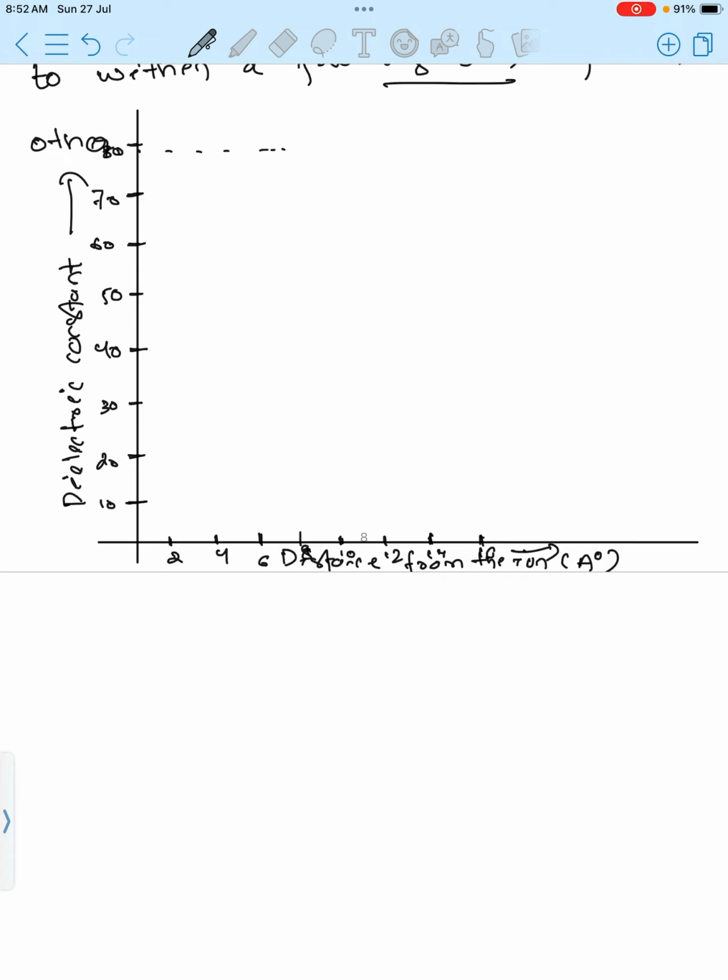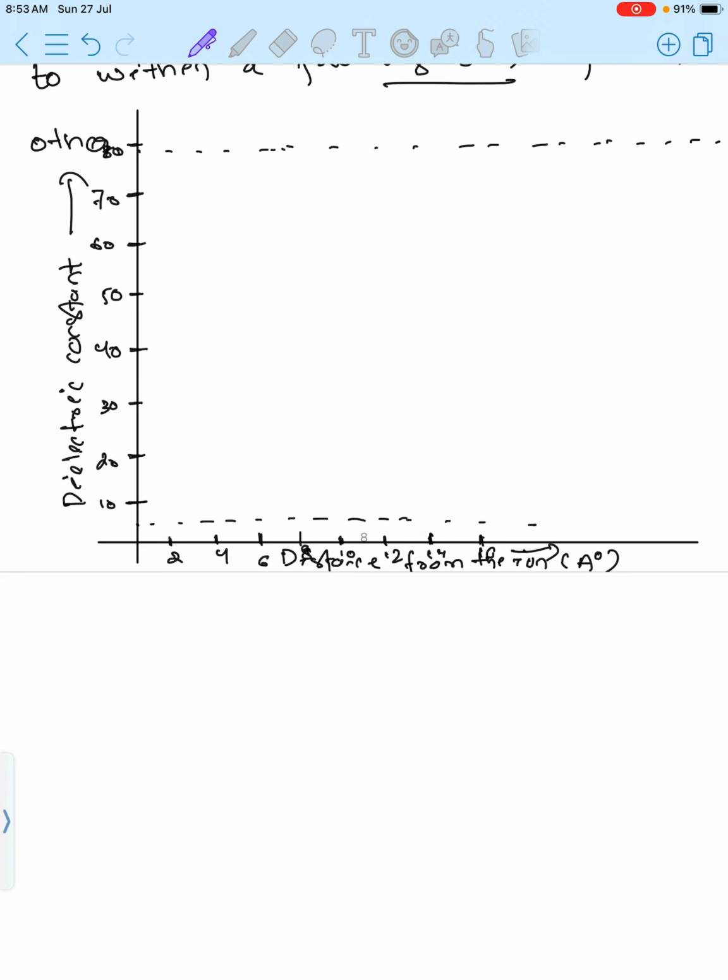Obviously this is the limit. This is the maximum value of the dielectric constant for the solvent, the water molecule. And the minimum value is here, 1.78 dielectric constant.